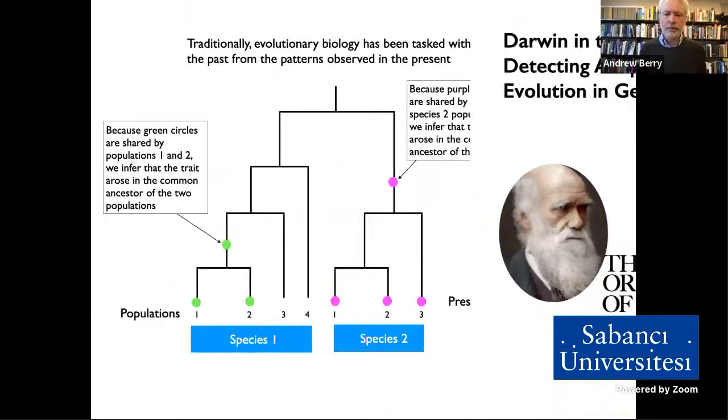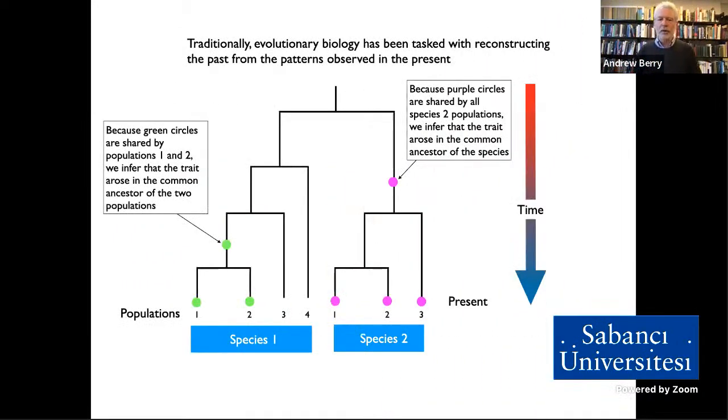So let's talk about what you might call the traditional approach to understanding the evolutionary past. Here's a family tree of two species, and I've got multiple populations in those species, and I've marked with the colored dots mutations. So our job is, we live in the present, and we can sample species 1, populations 1, 2, 3, 4 in species 1, and populations 1, 2, 3 in species 2, and then we can try and interpolate what happened in the past.